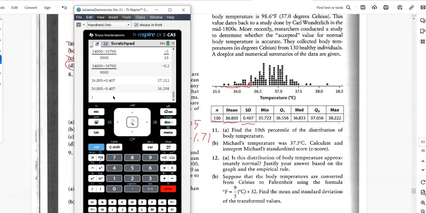So it looks like that'd be 36.39 or 36.4, right around there-ish, and 37.212. Always hard to tell here, somewhere in there.